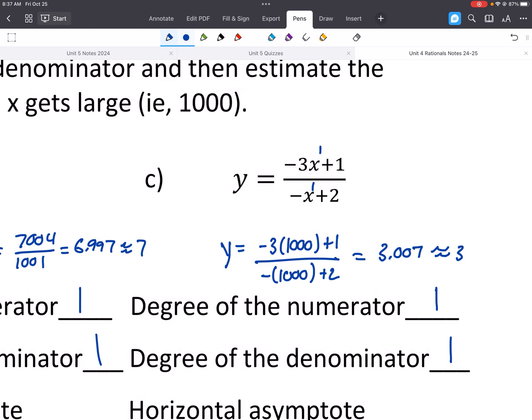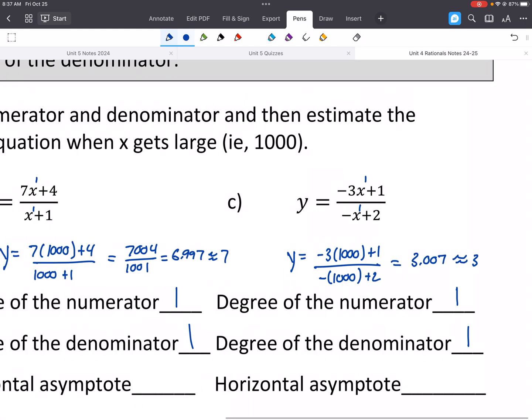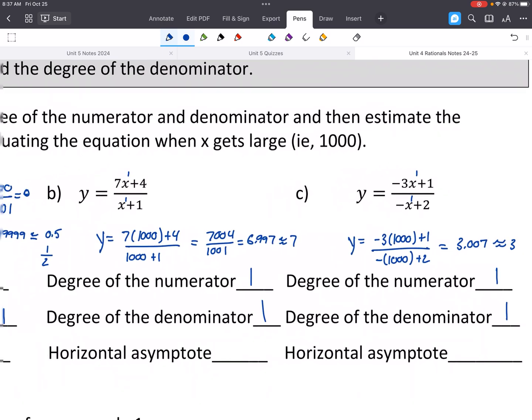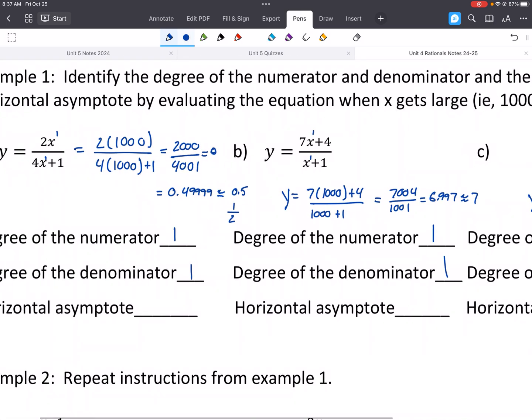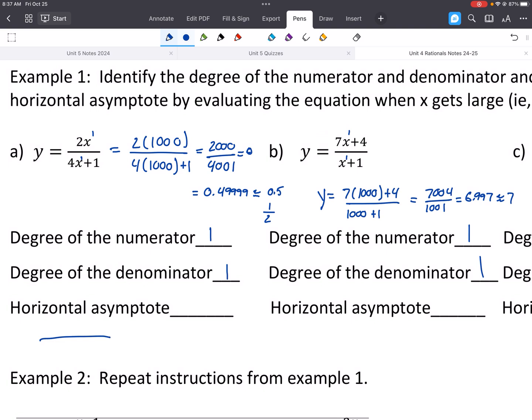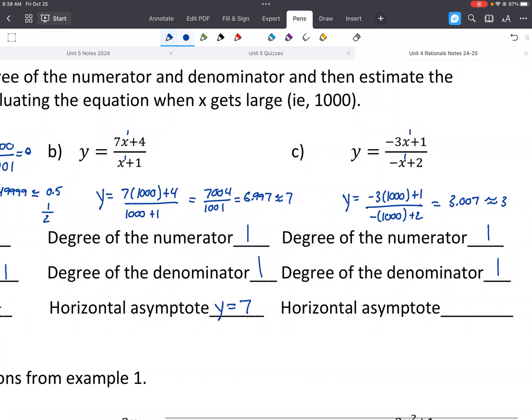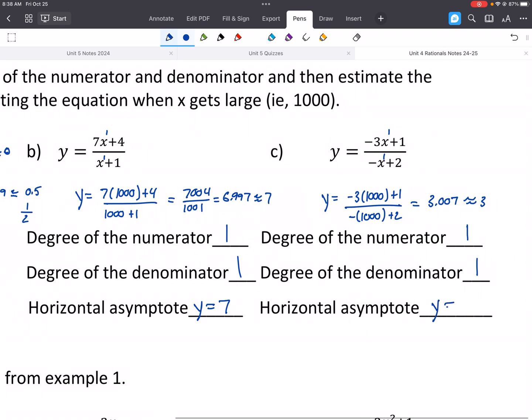Can you see how we can come up with that horizontal asymptote? We're going to come back to that, but let's write these down. The horizontal asymptote is a horizontal line. So it's y equals 1/2. This would be y equals 7. And y equals 3.